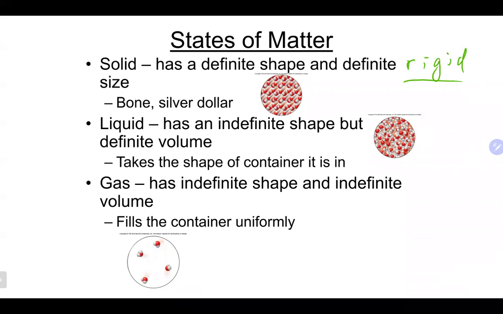Liquid, on the other hand, has an indefinite shape, but a definite volume. And what that means is liquid will typically take the shape of whatever container they're in. So for example, if you had 10 milliliters of water and you put that 10 milliliters of water into a bucket, like the trash can over there, it will take the shape of the trash can.